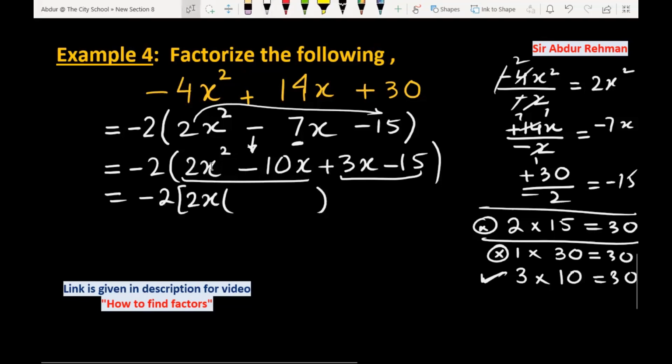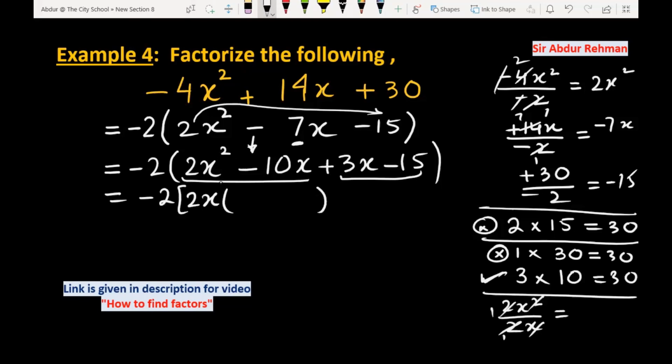You have to divide 2x squared by the common 2x. 2x squared divided by 2x: 2 over 2 cancels, x cancels, you will get x. So write down x here. And minus 10x divided by 2x: minus divided by plus gives minus, 2 times 5 is 10, x cancels. Minus 5.